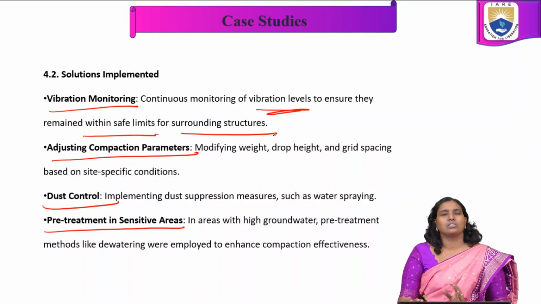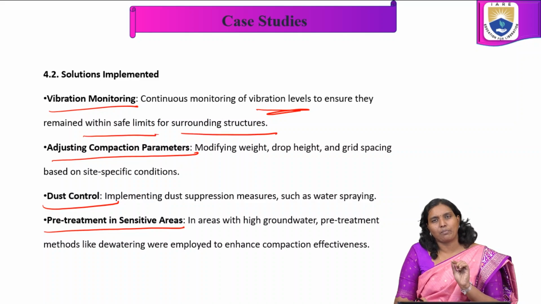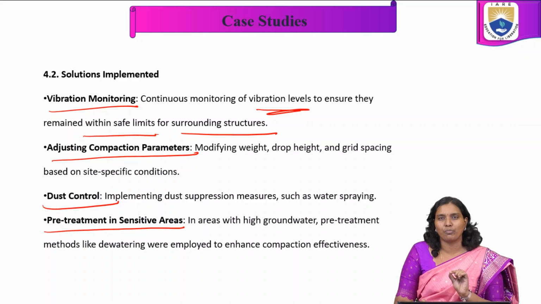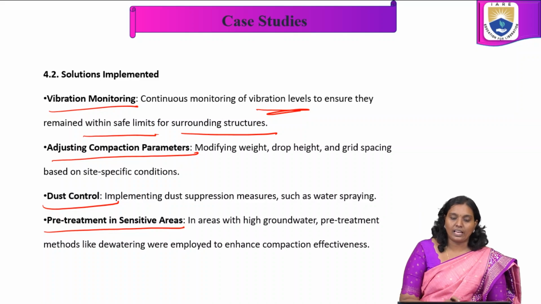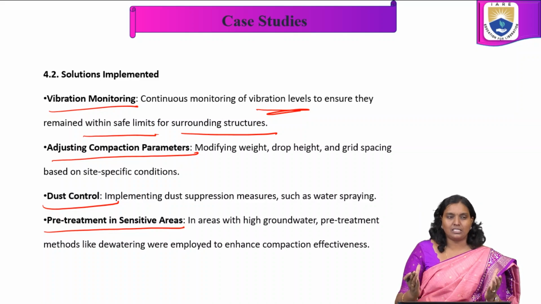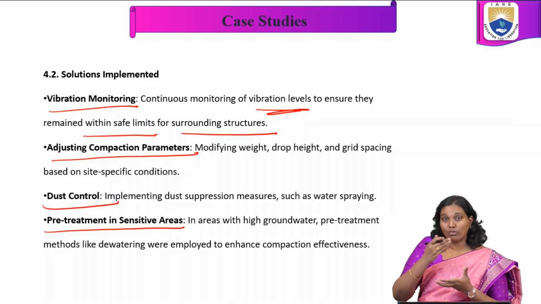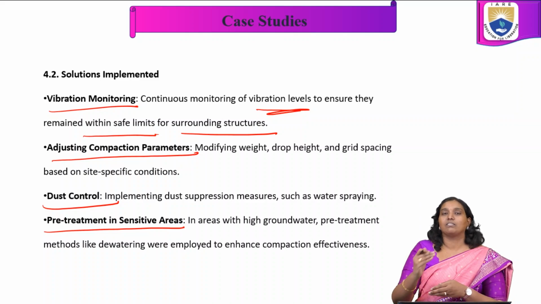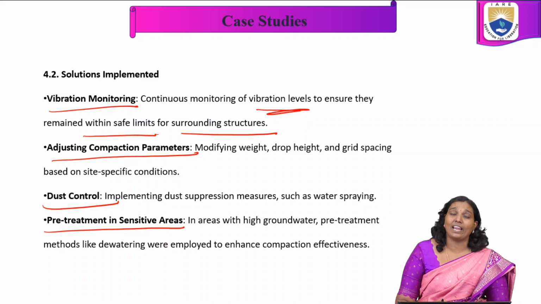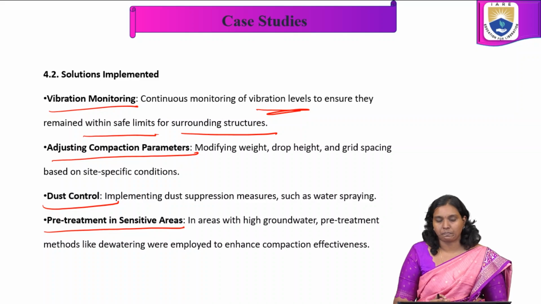That is also one of the important parameters when we choose dynamic compaction as a ground improvement technique for any particular project. If the vibration levels change, we have to change our method to get the required enhancement of the soil property.